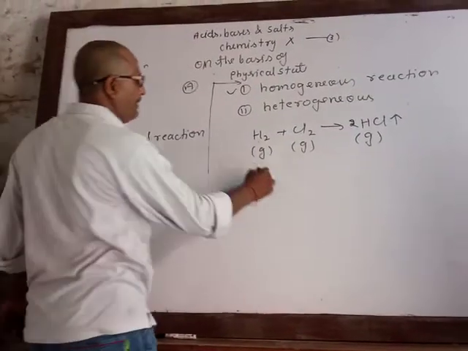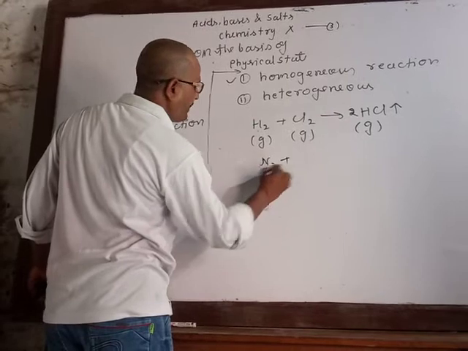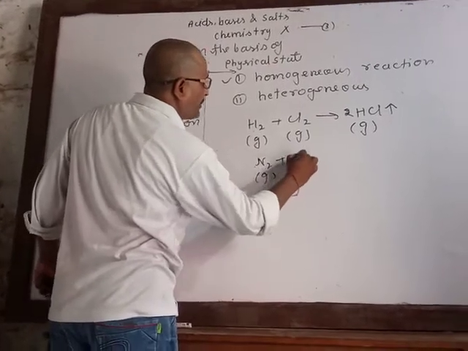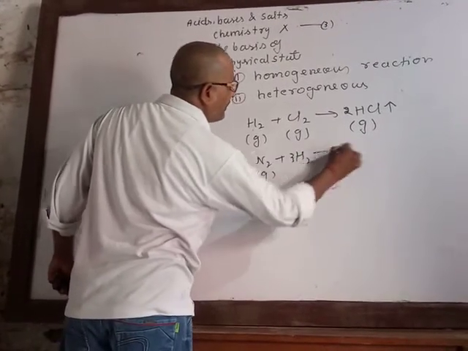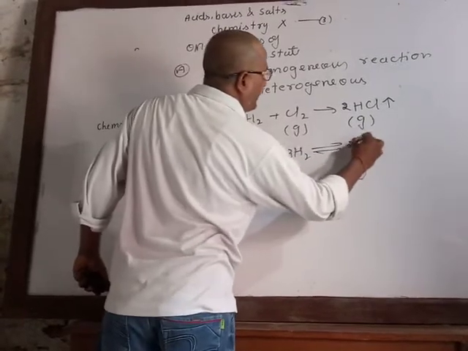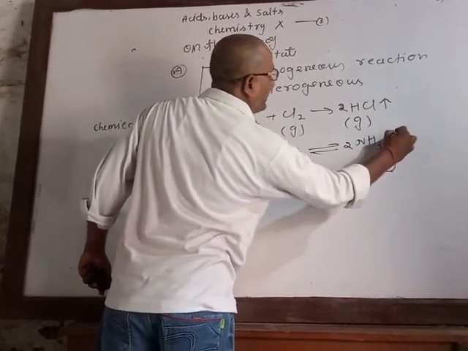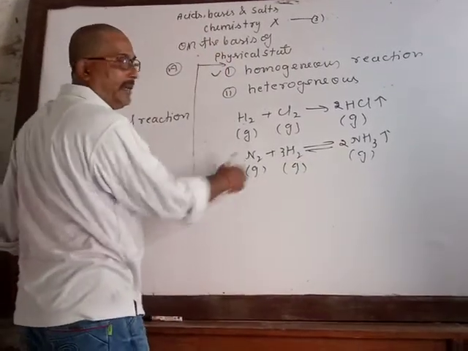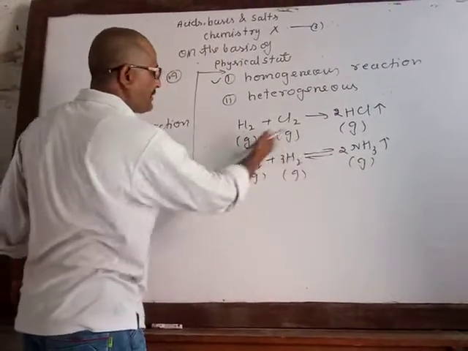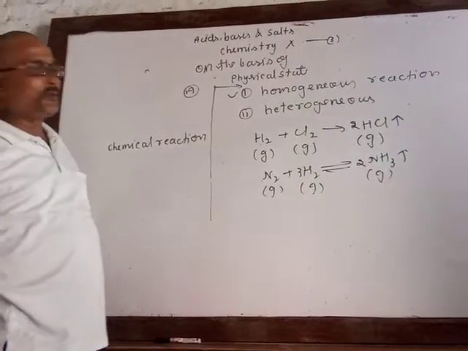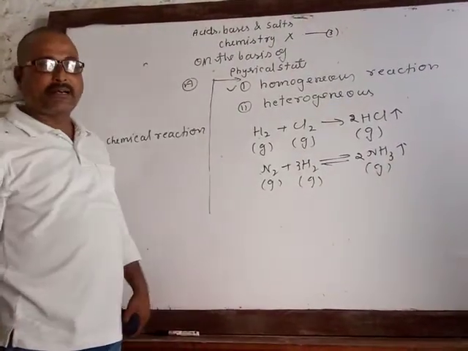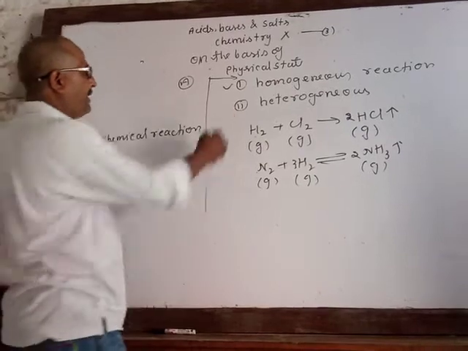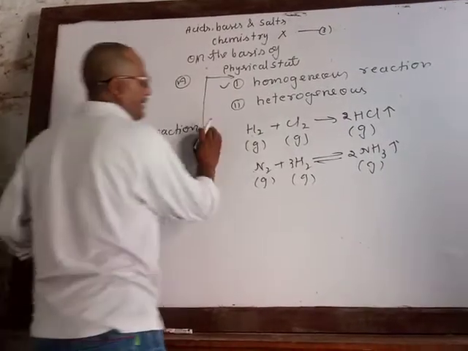Second example, nitrogen gas and hydrogen gas form ammonia gas. Reactant and product both are in the same physical state, so this reaction is known as a homogeneous chemical reaction.